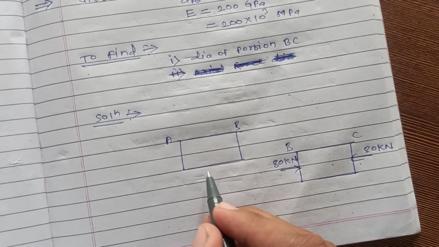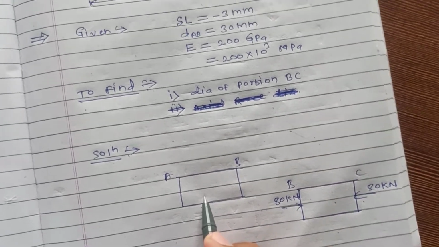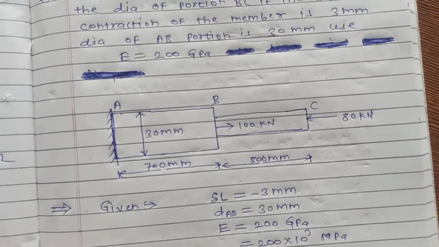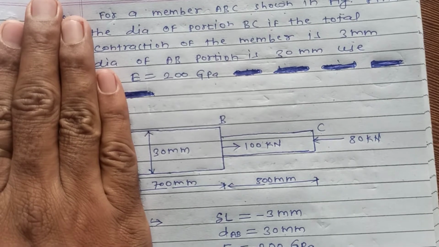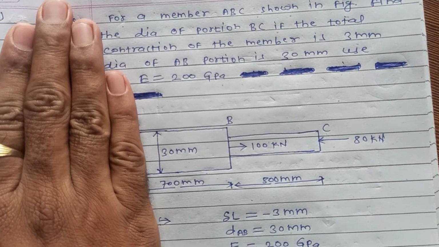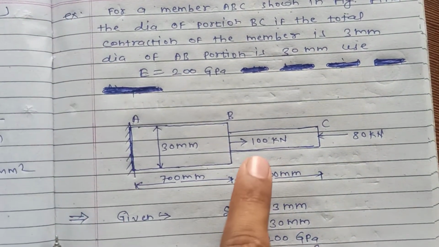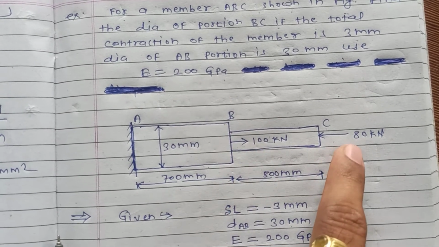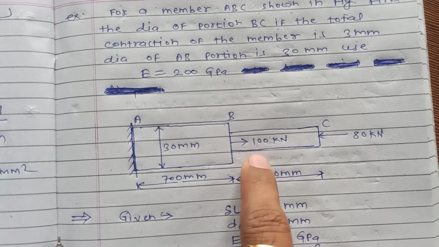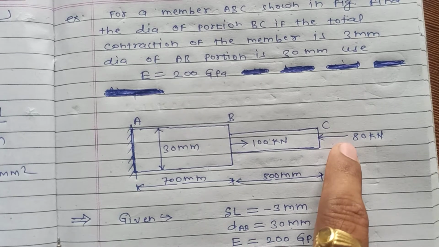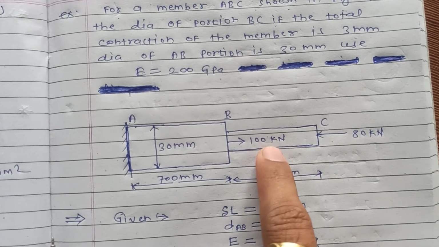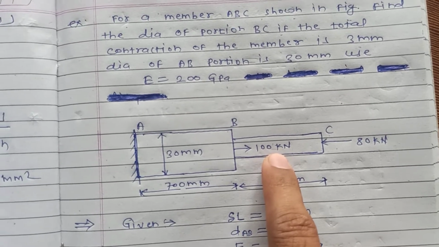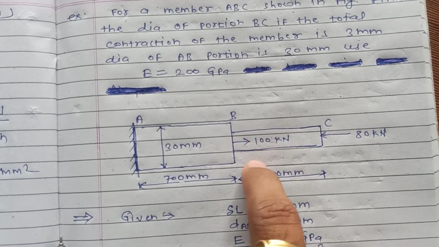Now we have to concentrate on element AB. In a similar way, keep your hand here and consider the forces acting to the right side. There are two forces, this 100 kilonewton and 80 kilonewton, but the 100 kilonewton is acting to the right side and the 80 kilonewton is acting to the left side. So deduct this 80 from this 100. That is 20 kilonewton, acting to the right side.